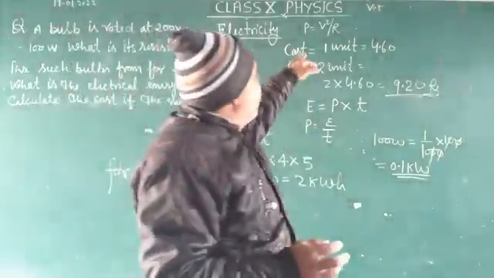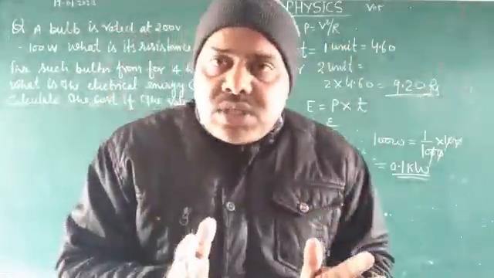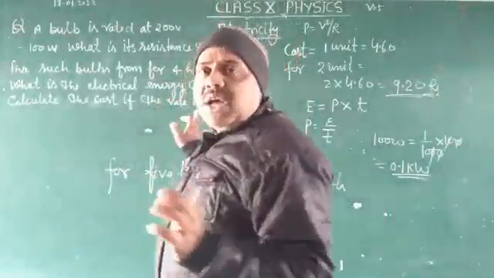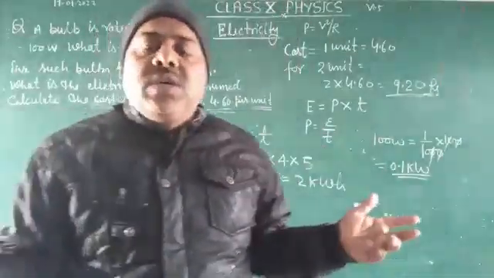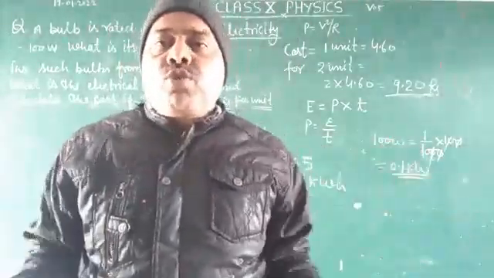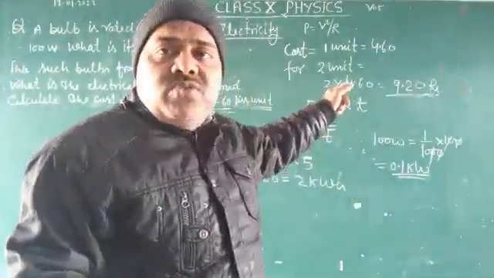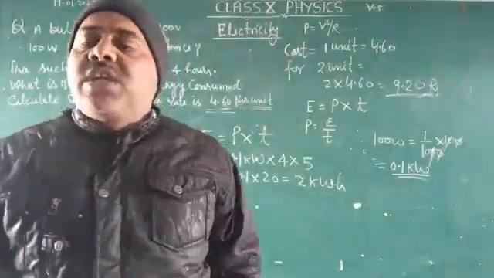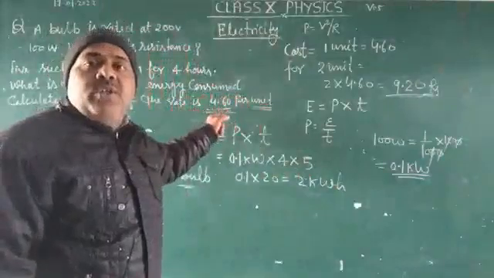So here, just like the 2 units or 2 kilowatt hour, when we have to find the cost, and if we are given the cost of 1 unit like this, 4.60, then we can find the cost of 2 units by multiplying 4.60 by 2, which becomes equal to 9.20. This is the cost of 2 units of consumed electric energy at the rating of 4.60 per unit.